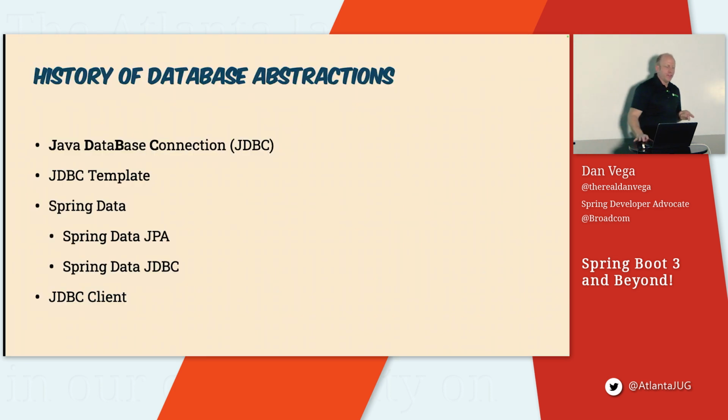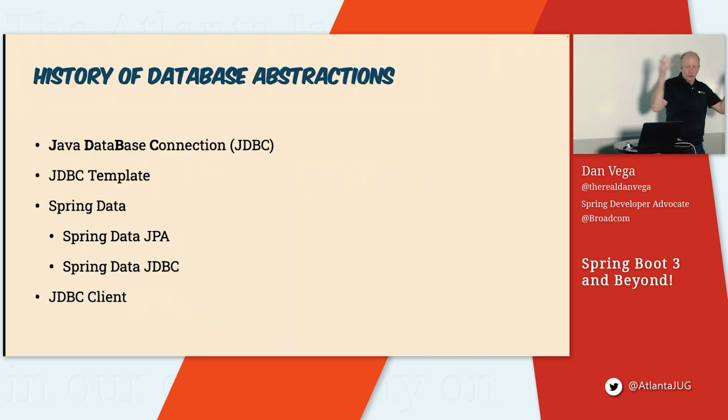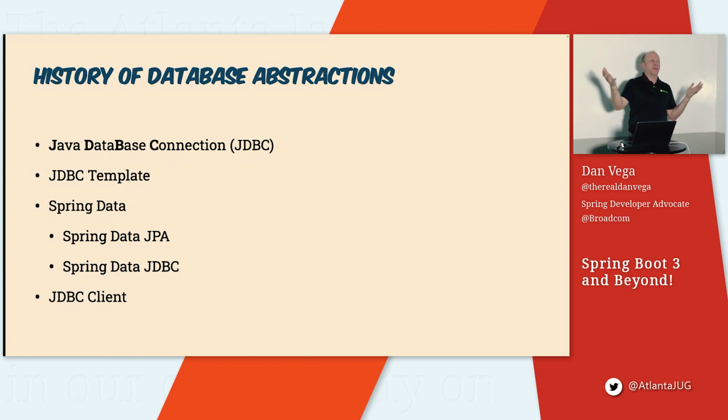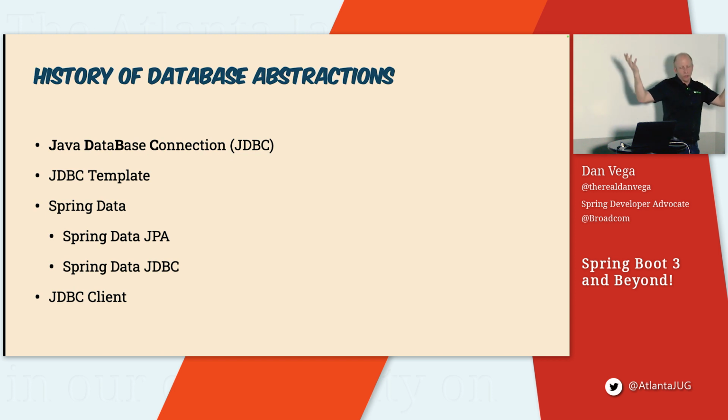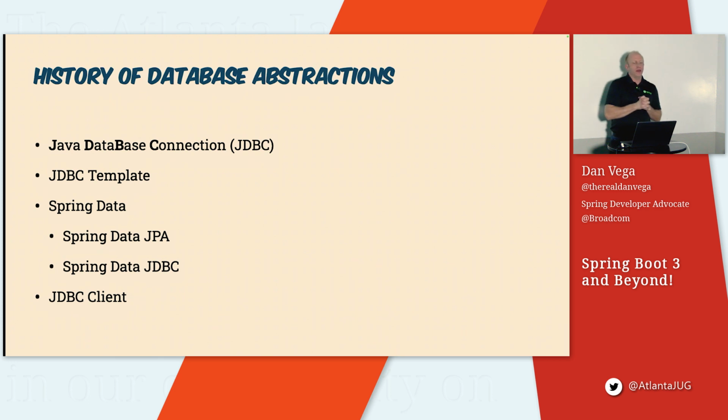So there's also the JdbcClient. There's been a history of the different database levels of abstraction that we can use. So if you want to write an application that talks to a database in Java, you can use the JDBC API, right? That's not the most friendly API in the world. It's been around since like 1.1 or whatever, so that's always there.